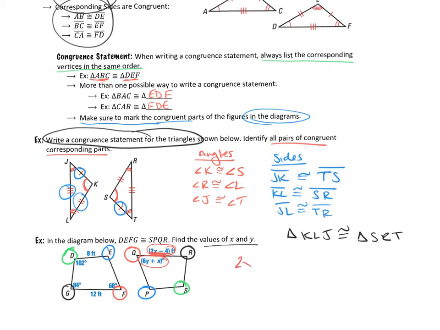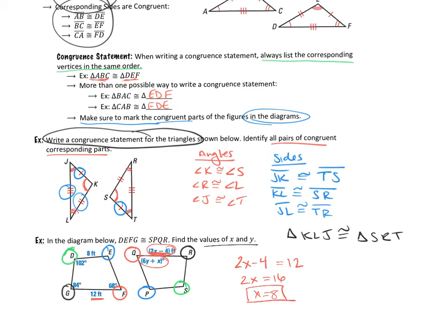So I know 2x minus 4, and I need to find the corresponding side. So this is between my red and my black vertices, which corresponds to 12 feet over here. So this equals 12. So I'm going to add 4 to both sides, so 2x equals 16, or x equals 8. So there is one of my answers.